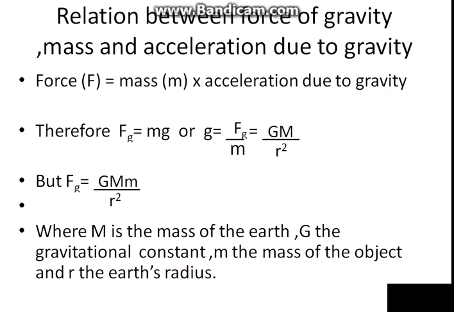But capital Fg is equal to capital G times capital M times small m all over r squared, where capital M is the mass of the earth, G is the gravitational constant, small m is the mass of the object, and r is the earth's radius.